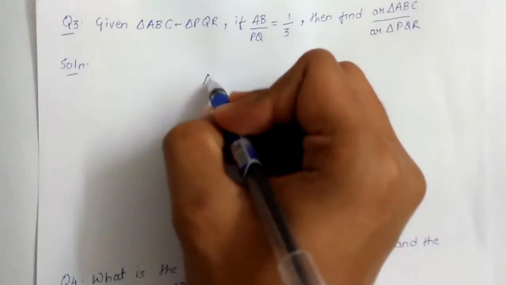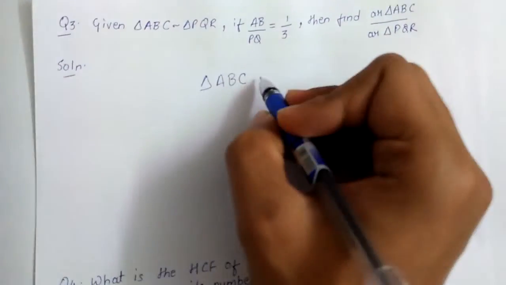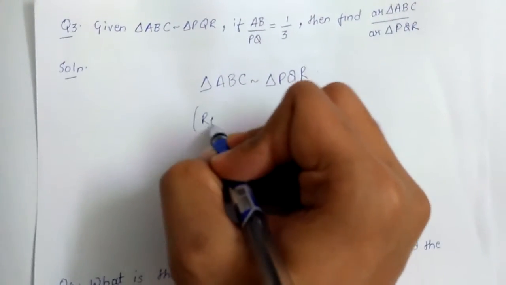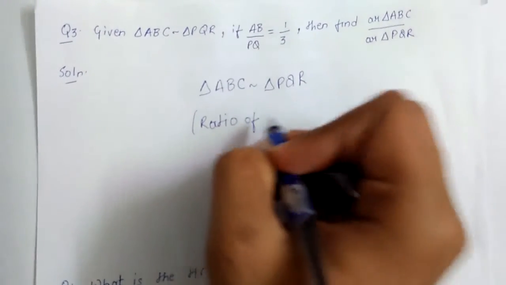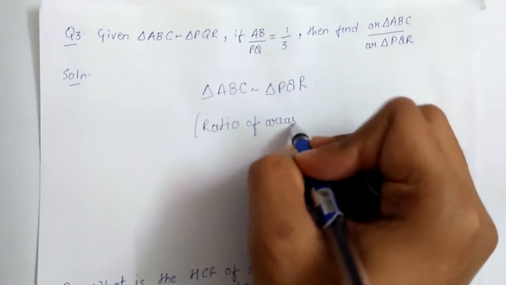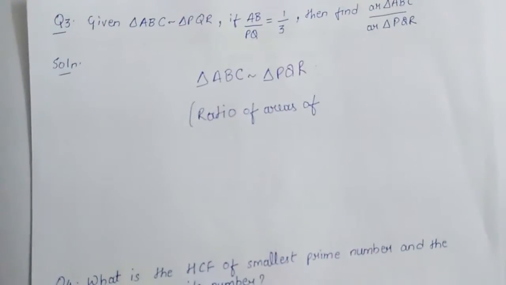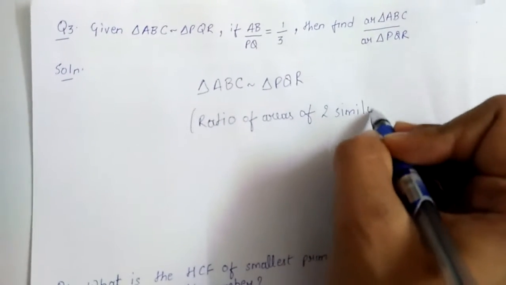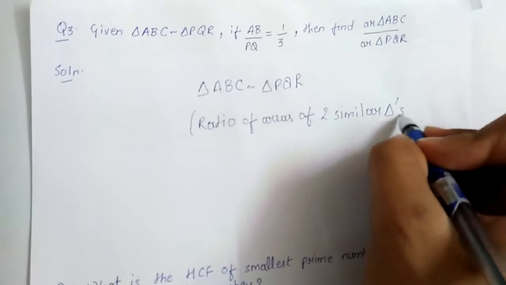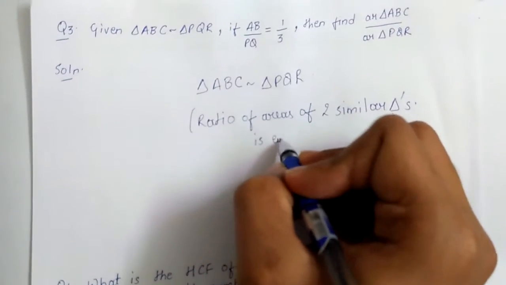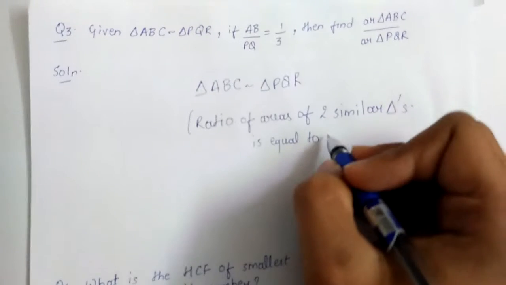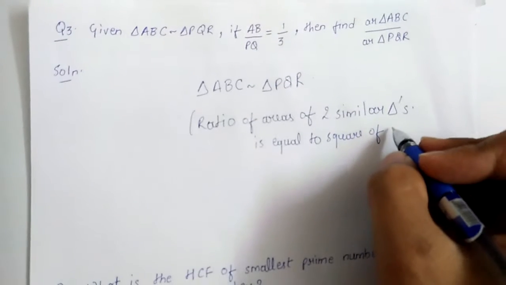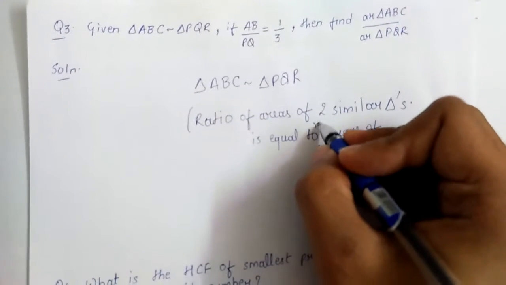We know the ratio of areas of two similar triangles is equal to the ratio of the squares of their sides.